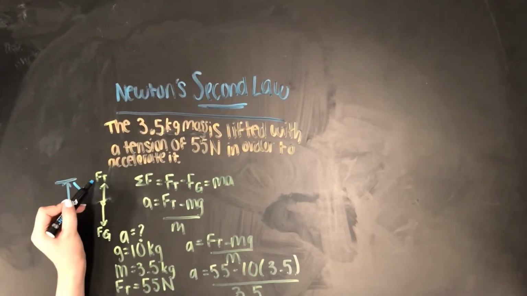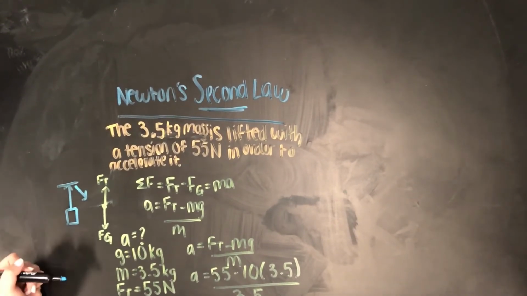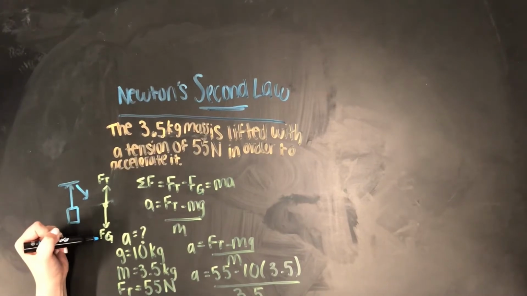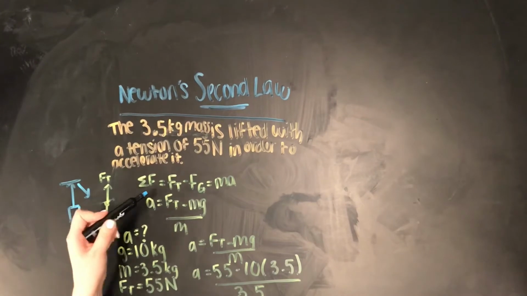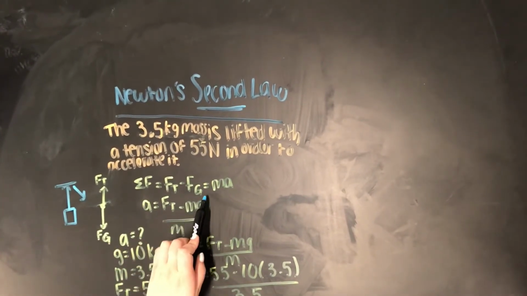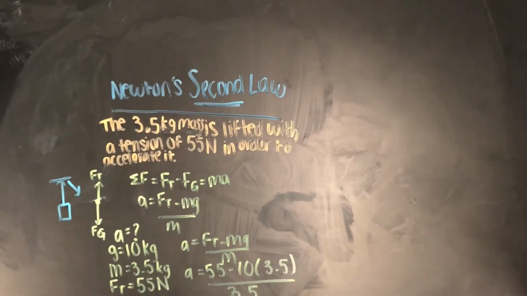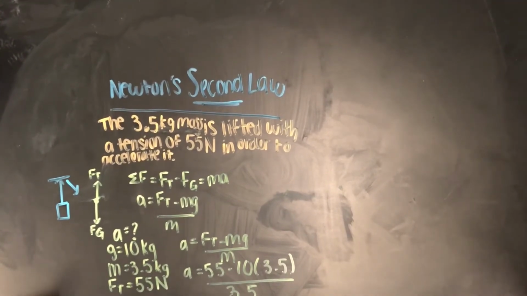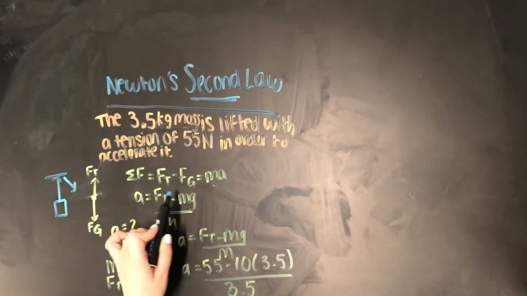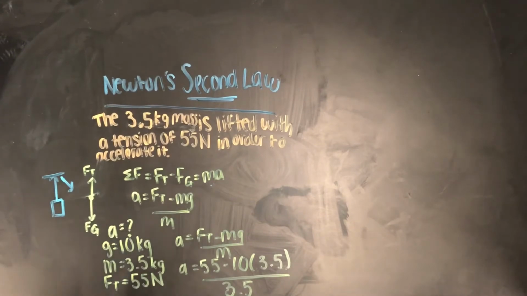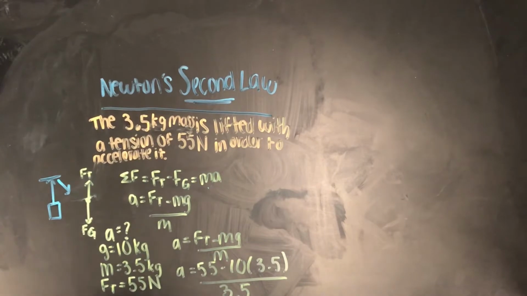So that's where you get your tension, and then you're always going to have something going down, which is your gravitational force. After that, we're going to look for our net equation, which is sigma F equals Ft minus Fg, which equals ma. Then, because we want to know the acceleration of the mass, we divide by m on both sides, where we get a equals Ft minus mg over m.